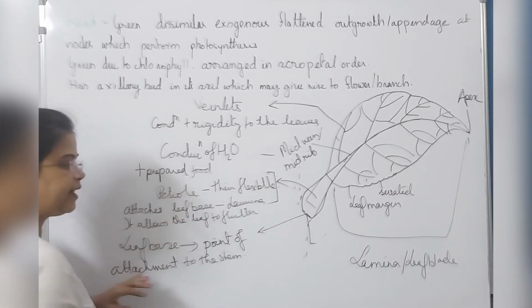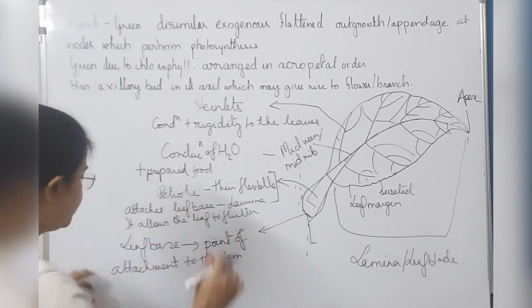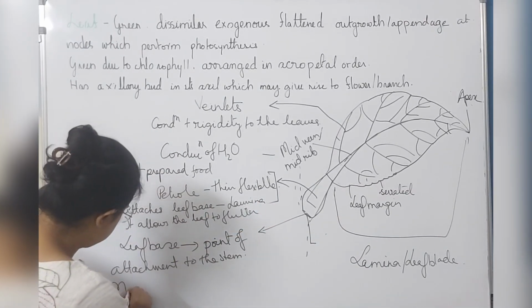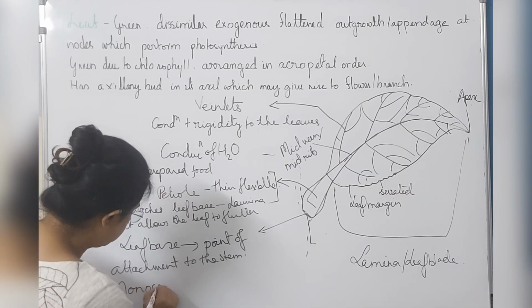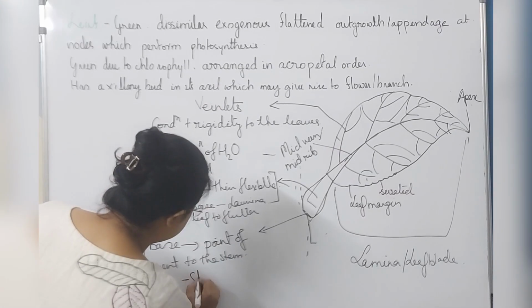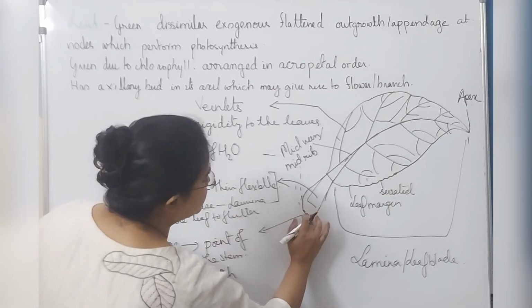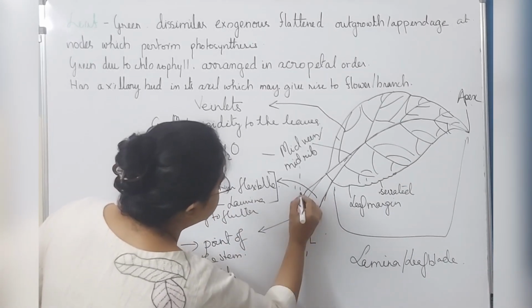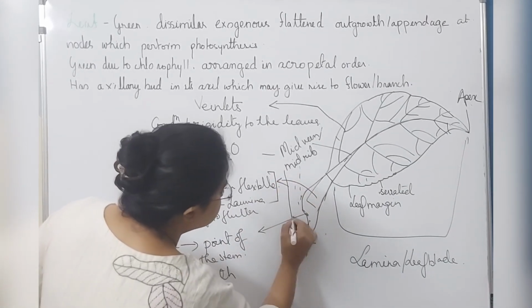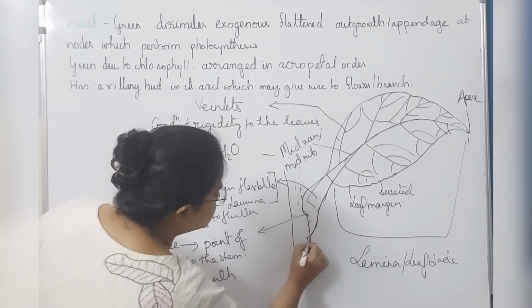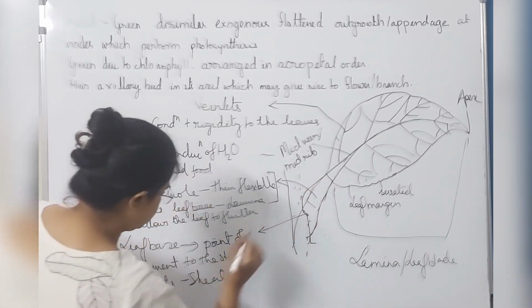Clear? In dicot it stays as it is, but in monocots ये expand कर जाते हैं तब, and they form a sheath around the stem. जो node पे है उसके नीचे से they form a sheath. Okay?